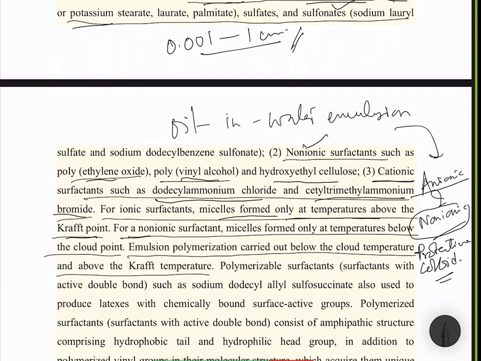Whereas for a non-ionic surfactant, we also have micelle formation, but that occurs only at temperatures below its cloud point. Cloud point means the temperature above which the non-ionic surfactant becomes insoluble, right?